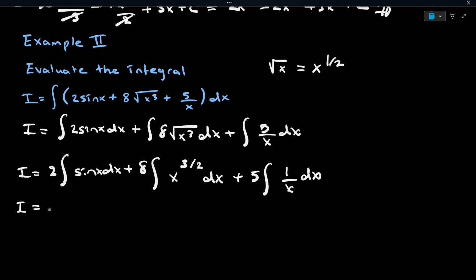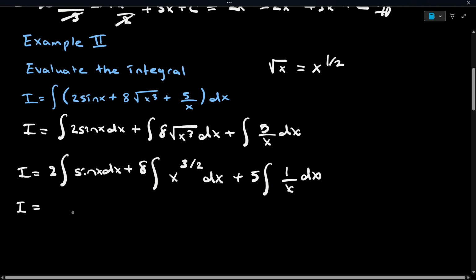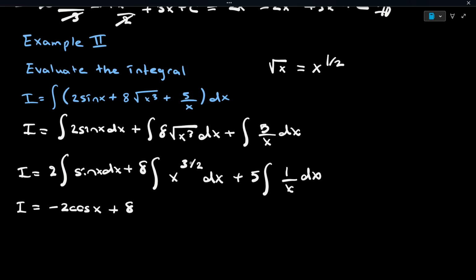which is equal to, now we can integrate. And of course, for sine of x, I need negative 2 cosine of x, plus 8, I add 1 to the power, x to the power of 5 over 2, right? 5, yes it is. Now I need to divide by 5 over 2. Instead of that, let's write 2 over 5, plus 5 ln absolute value of x plus c.